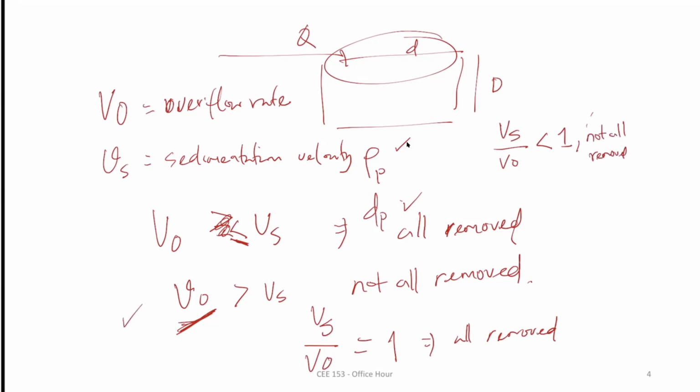That's the case here, because v0 is greater, so it becomes less than 1. That means vs by v0, the ratio, is the fraction removed. If you see the slides, I'm going to check the slide where I wrote this one. That's on slide number 27. Percentage removed equal to vs by v0 times 100.